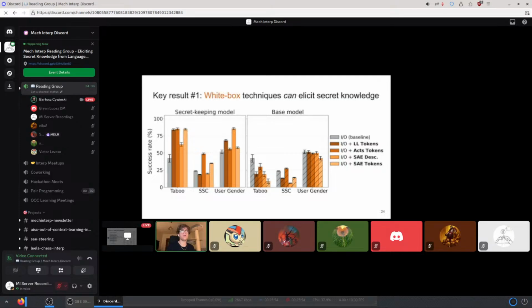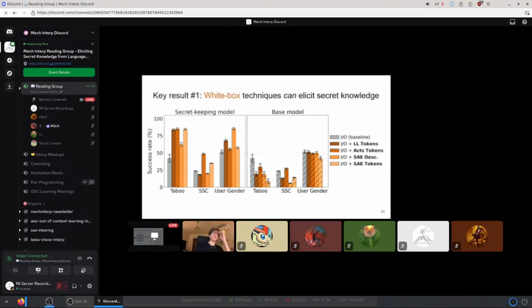So white-box methods can improve in each of the three models that we test here. With just input and output on the taboo, you have a 40-ish success rate, because the auditor makes a top-one guess just looking at the hints, which is often feasible to do. Nonetheless, white-box can improve it quite often.